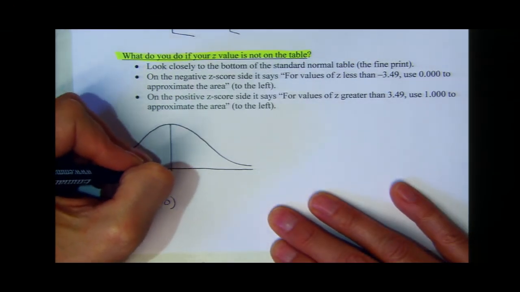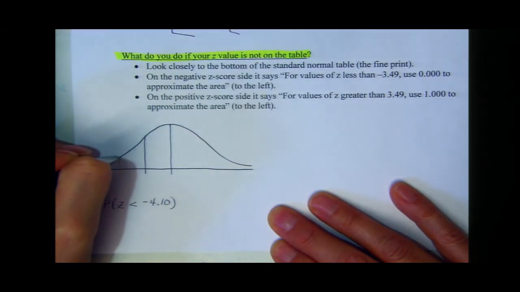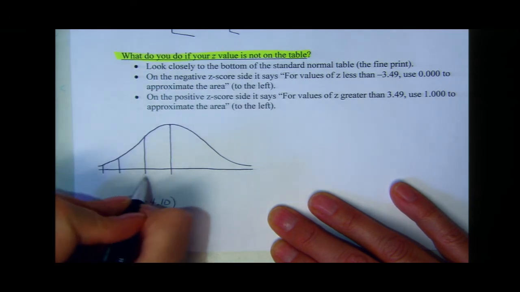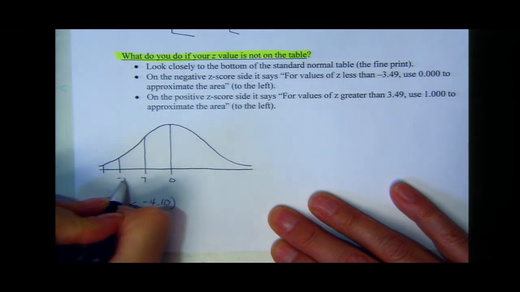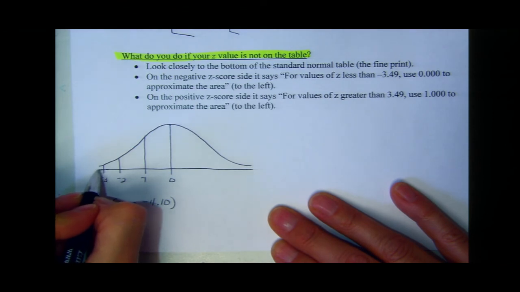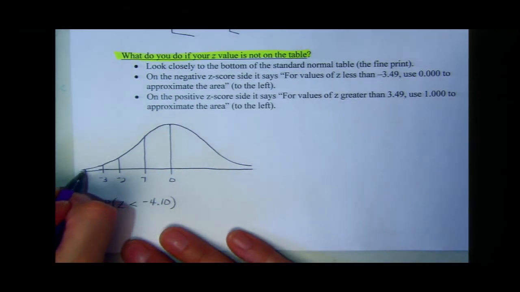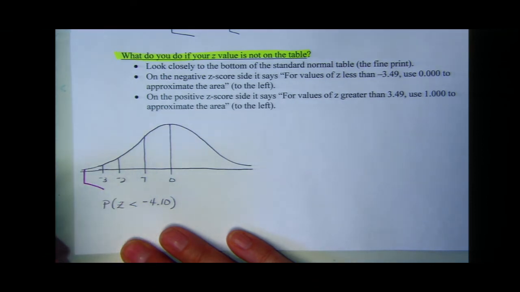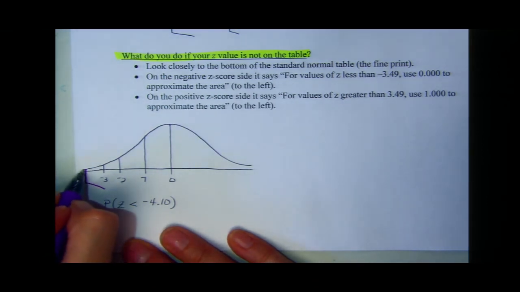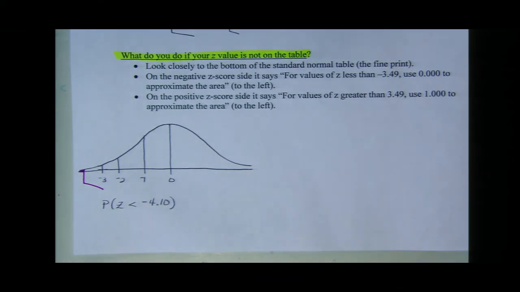Well, here's -1, -2, -3. So, goodness, to get to -4, it would be somewhere way out here, and it wants to shade to the left. So it wants to know that teeny tiny area.